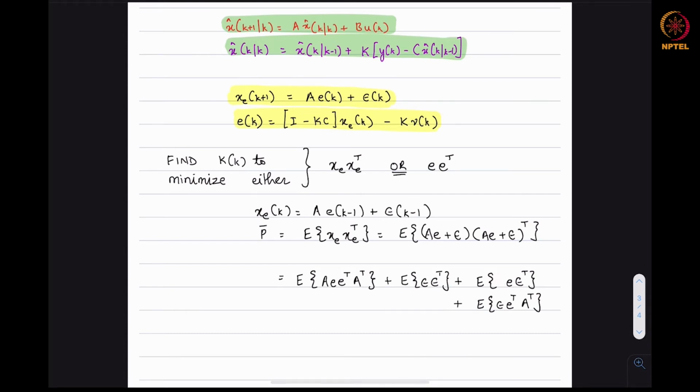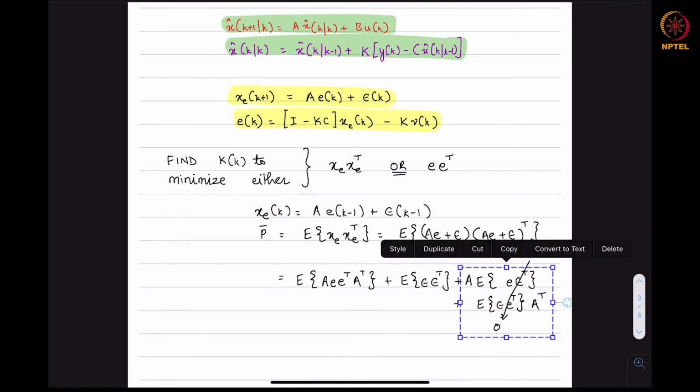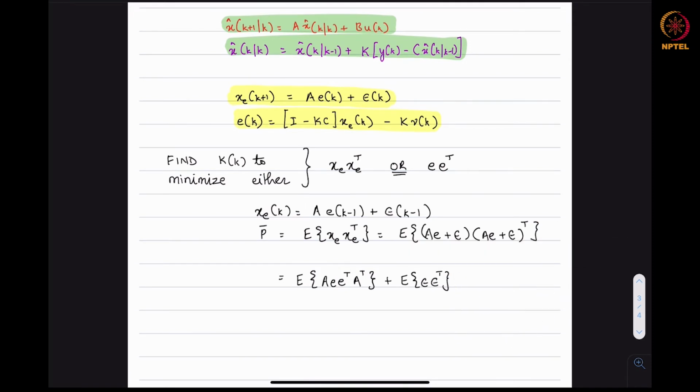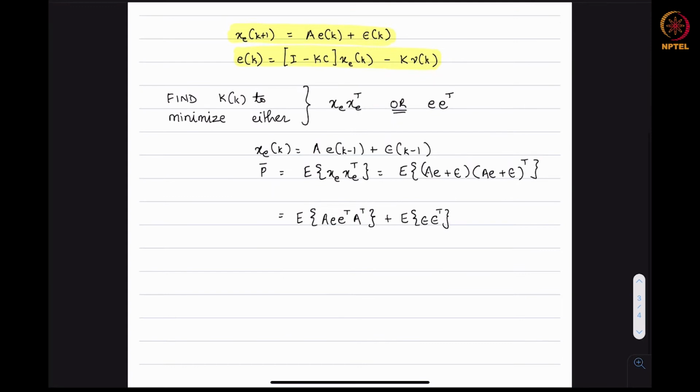We can take the A outside and we can take A transpose outside. And these cross terms are going to be 0, because epsilon is a white noise sequence. So we'll just delete these and we get the remaining terms.